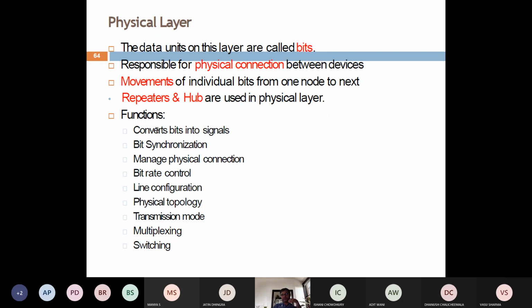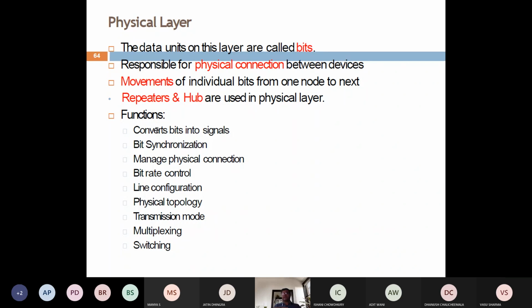If multiple signals are combined into a single signal, that is called multiplexing. What is demultiplexing? Whenever from a single signal we get back to the original form, that means here we combined 4 signals, and at the receiver end we get the 4 signals again from the one signal, that concept is called demultiplexing. That is also the job of the physical layer.